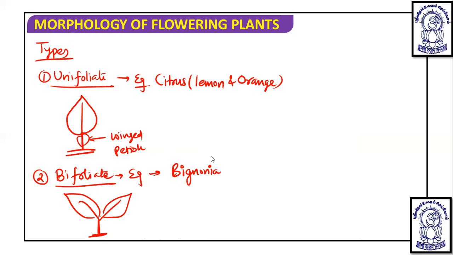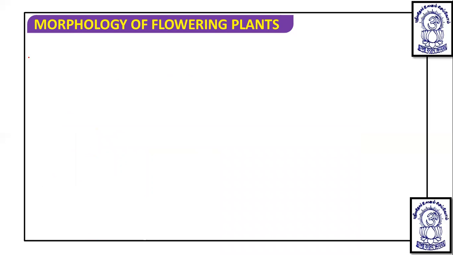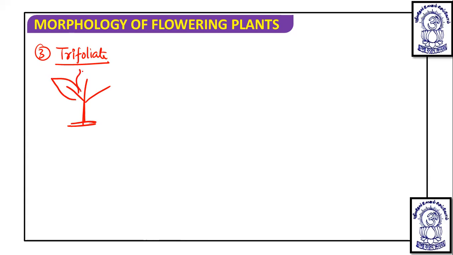Apart from this, a third type which is found is known as trifoliate. Now, in a trifoliate palmately compound leaf, at the tip of the petiole you will see the presence of three leaflets.